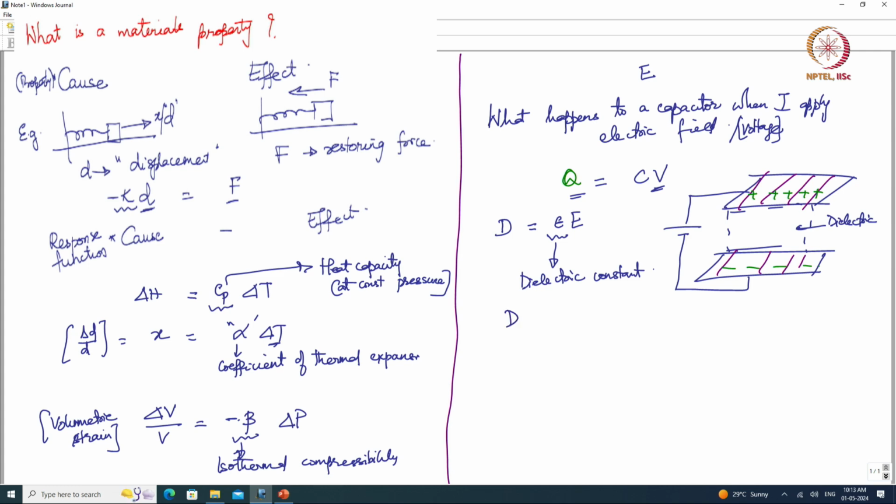Displacement charges are nothing but the charges that you put on these parallel plates, divided by the area of the plate. So it is some geometry normalized quantity. Okay. So charge density, right, charge density on the parallel plates.